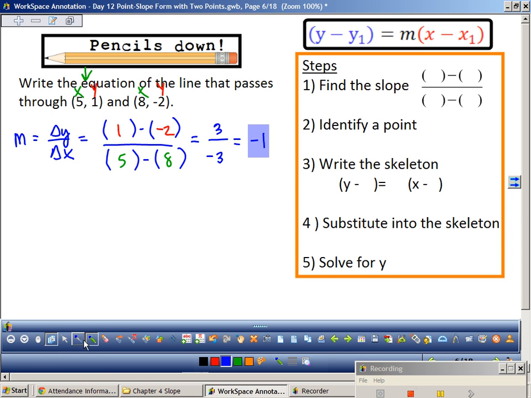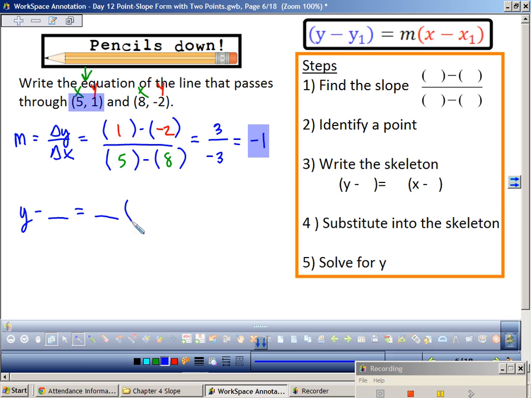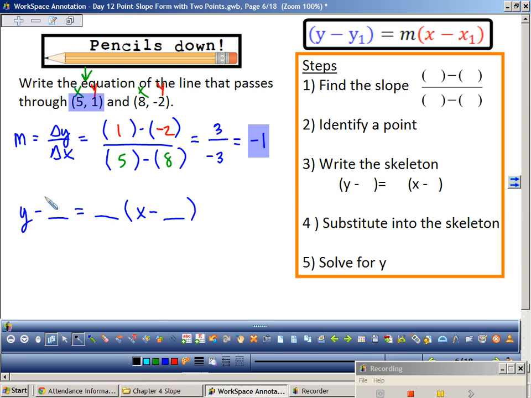Now I just need to identify a point, right? Which one do you want to use? 5, 1? What's my next step? Write the skeleton. Y minus my y value equals my slope times x minus my x value. What's my y value? 1. What's my slope?